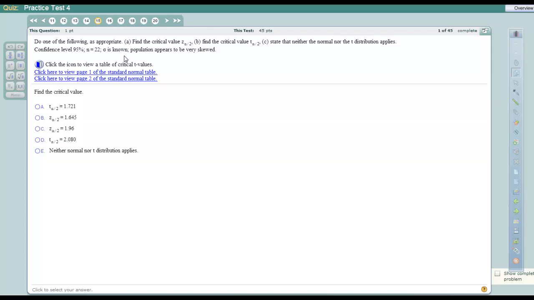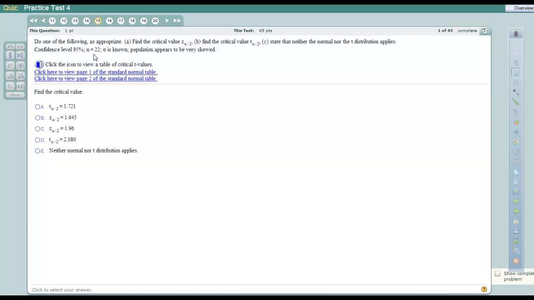But we have to have one of two things. Either our sample size is greater than 30. Do we have that? No. Since it's not, in order to do the z-test, the population needs to be normally distributed. Is it? No. So for this one, we'd say neither normal nor t distribution applies.